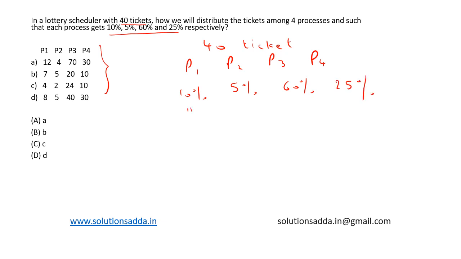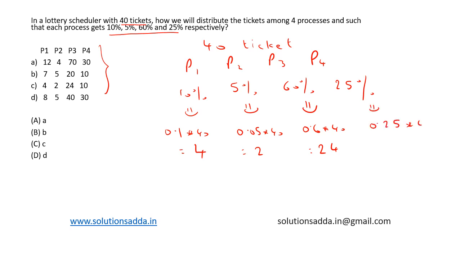So 10% means 0.1 into 40, which is equal to 4. This would be 0.05 into 40, which will be equal to 2. This would be 0.6 into 40, which will be equal to 24. This would be 0.25 into 40, which will be equal to 10. So based on the options we have option C 4, 2, 24 and 10. So option C is the right answer here.